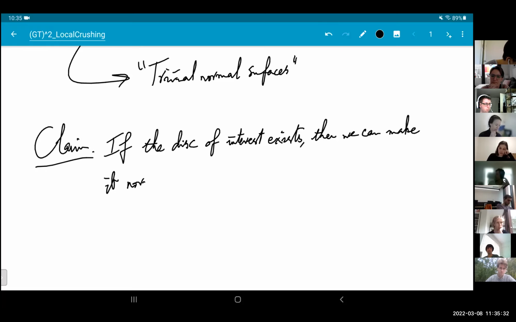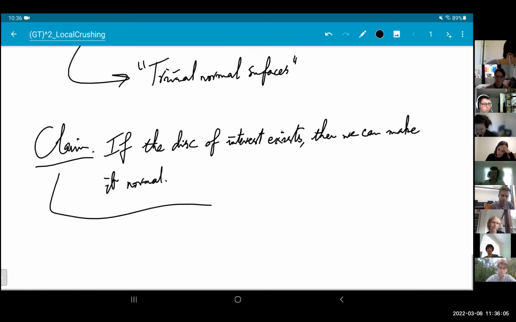So your algorithm looks for one of these disks in normal position. And you're guaranteed that if it exists as some embedded surface that may or may not be in normal position, you will find one that is in normal position. So restricting our attention to normal surfaces doesn't lose any information. Or at least it does lose information, but it doesn't lose the information we care about.